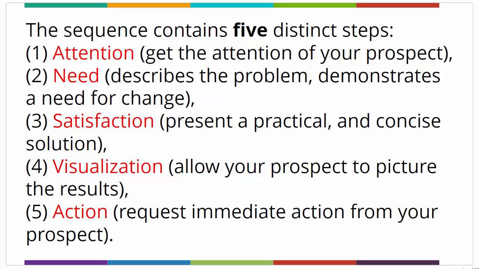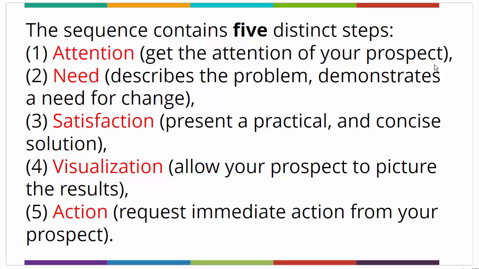Now, Monroe's sequence contains 5 distinct steps, which we will look at in a little more detail in a minute. Step 1 is attention. Step 2 is need. Step 3 is satisfaction. Step 4 is visualization. And step 5 is action.